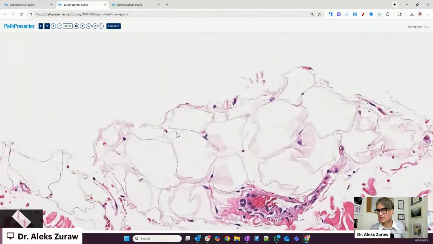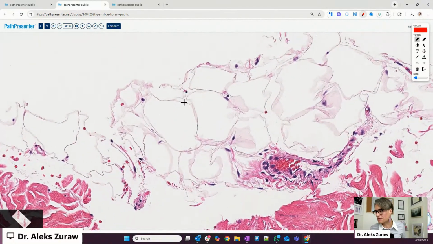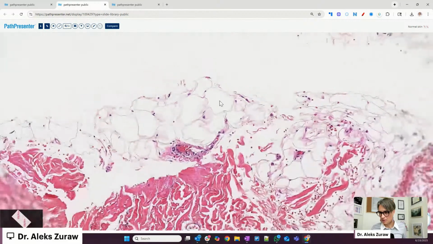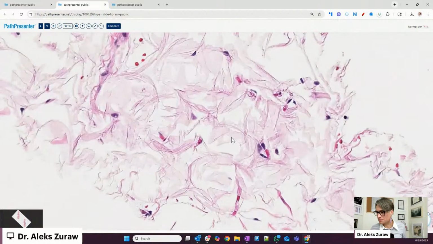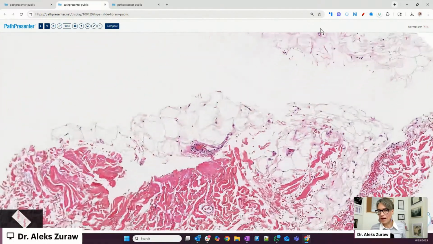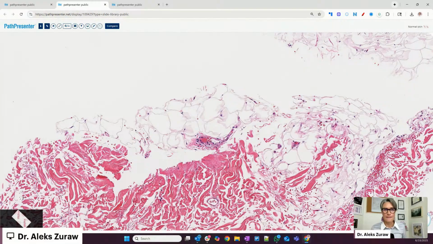These are classical adipose fat cells that in life are filled with fat, but when you process the slide for histology, you make them empty because you dissolve the fat. But this is where it was. It's a little bit squished here and here, but definitely adipose tissue.